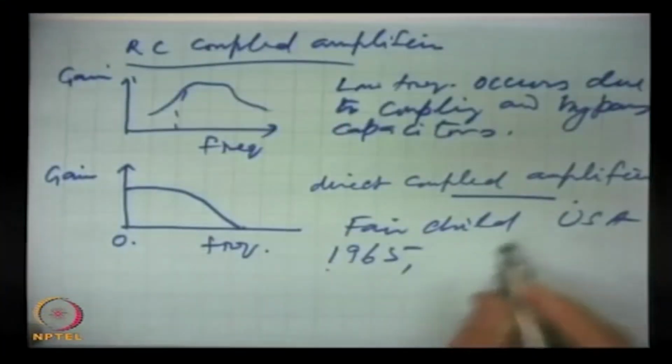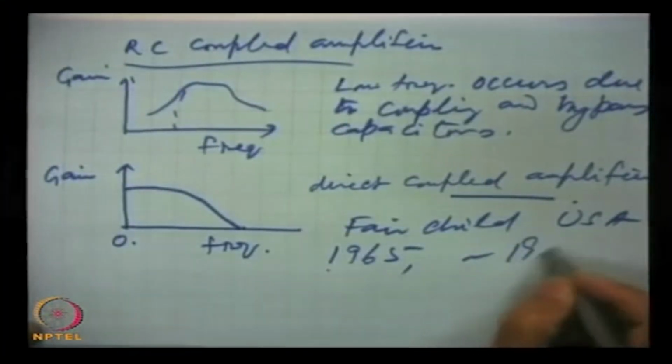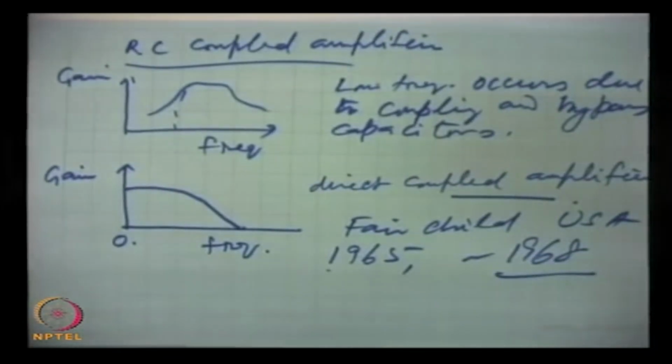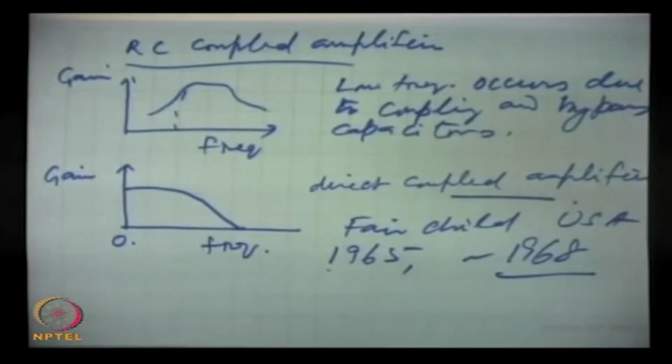Unwanted oscillations were the second problem. But the same company, Fairchild, after 3 years, around 1968, brought out one of the most widely used op-amps, which took care of these problems, and that was the real revolution.